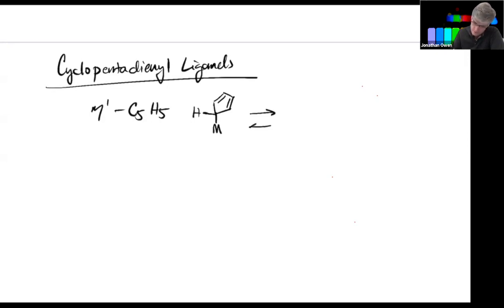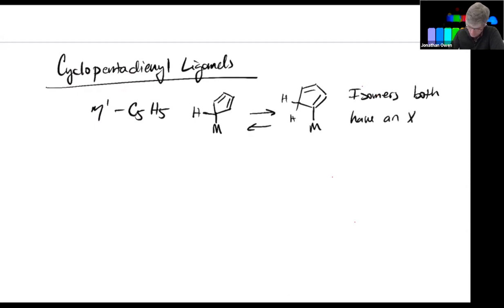There's another way that these things can bind. Not very common, but it happens. That's another eta 1. Okay, so you can just make a single metal carbon bond. Two different types, the sp3 one and the sp2.